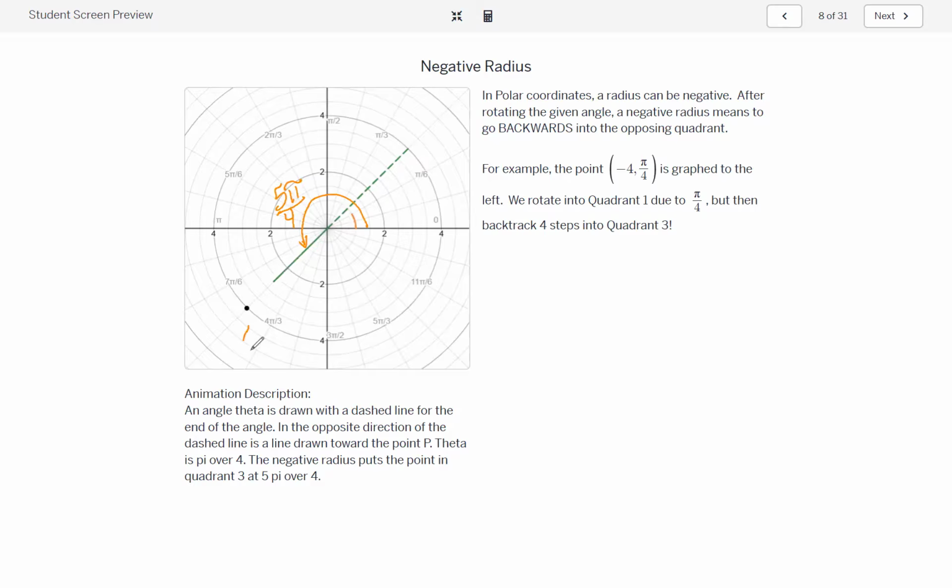So this point here could also be written as +4 and 5 pi over 4. But it's equivalent to the original point we started with, -4, comma pi over 4.